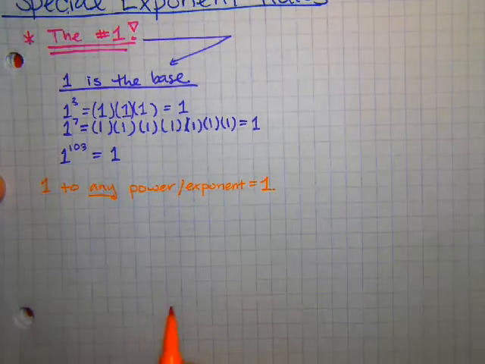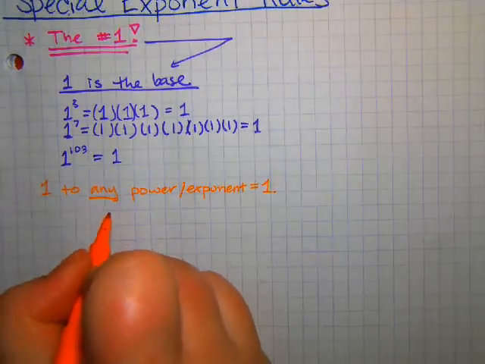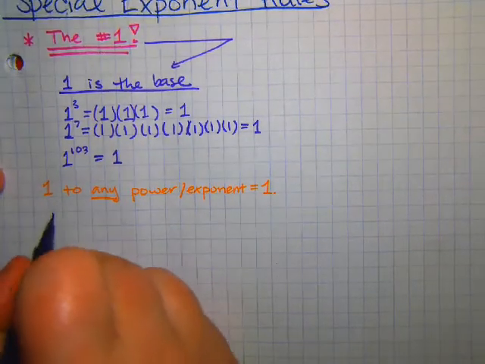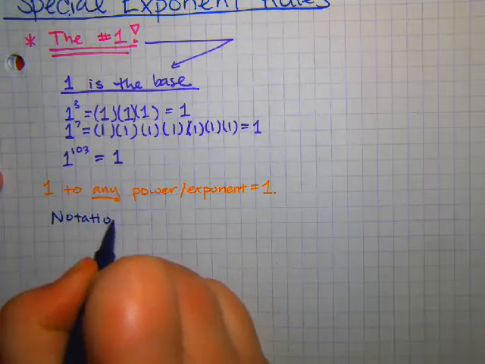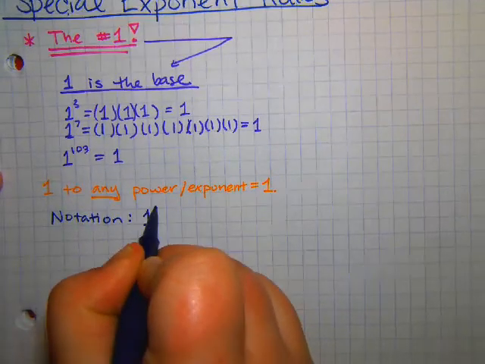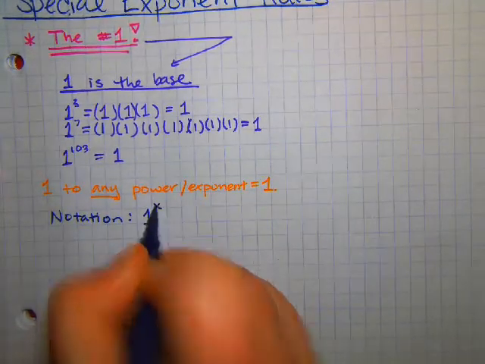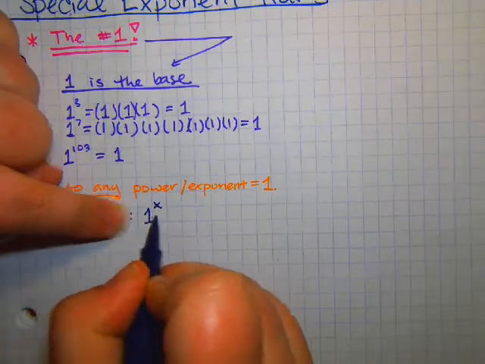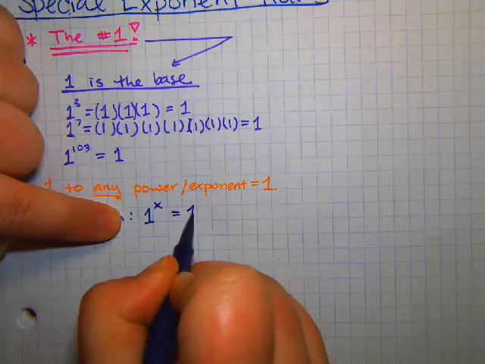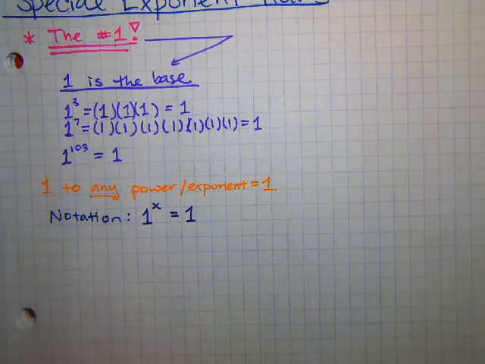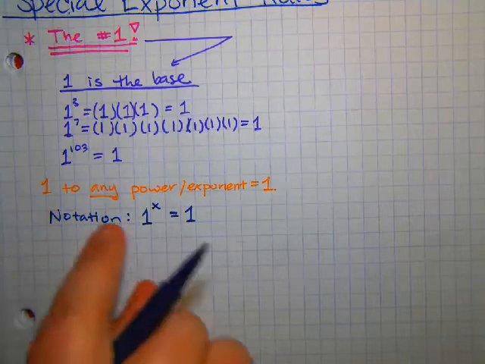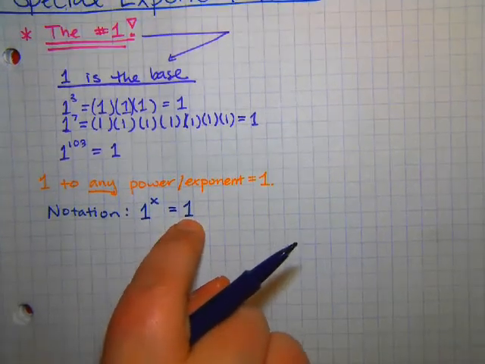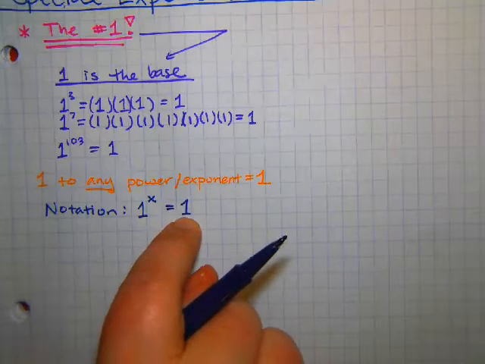Now, the mathematical way of writing that, the notation, is: when we have an unknown, we can use a variable to represent it. 1 to the x power equals 1. No matter what x is, you're always going to get 1. We can put in anything we want here, and we're going to get the number 1 back out. So very, very simple.